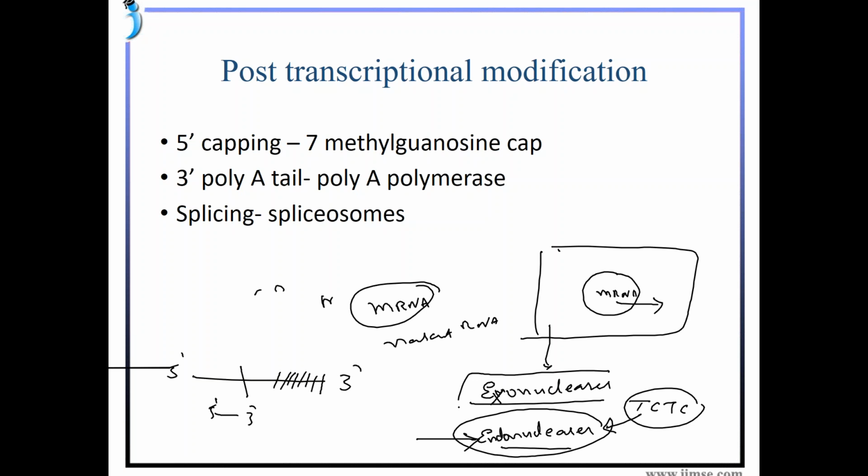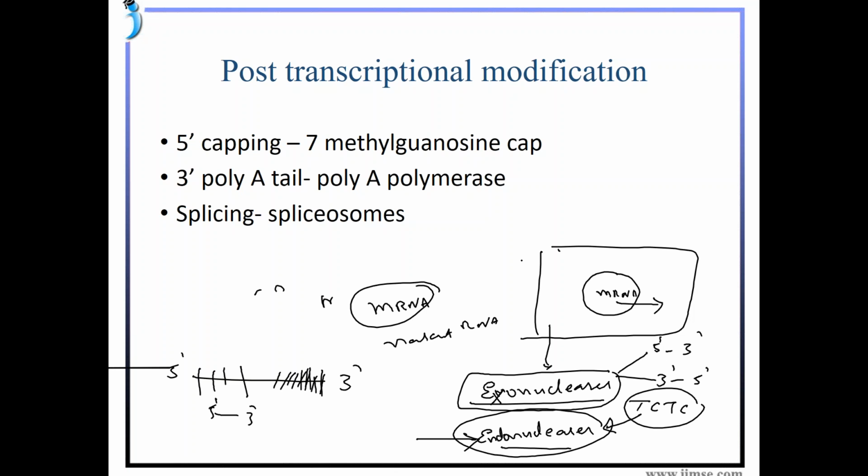So our major concern is our exonucleases. There are two types of exonucleases. One is 5' to 3' nuclease. The other one is the opposite one, 3' to 5'. So 5' to 3' will act in this direction, so it will chop off the nucleotides from this direction, whereas 3' to 5' will be chopping off your nucleotides from this direction.